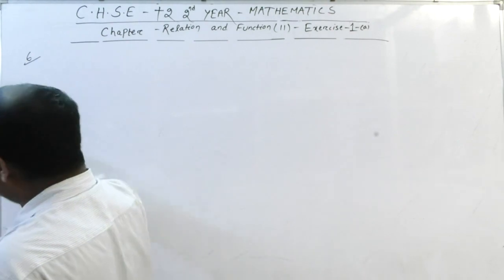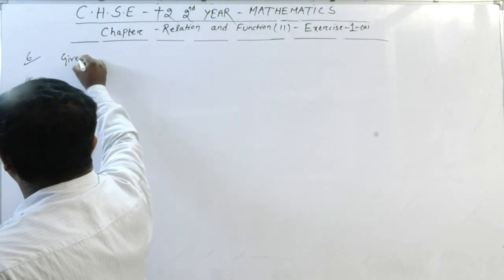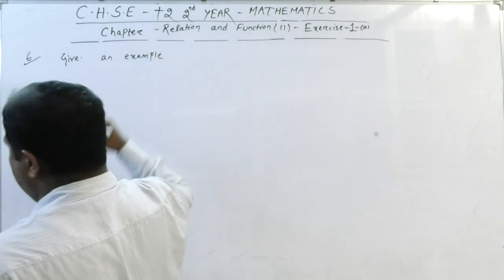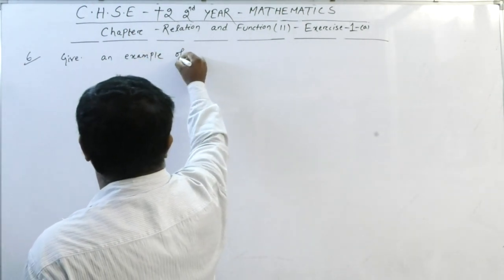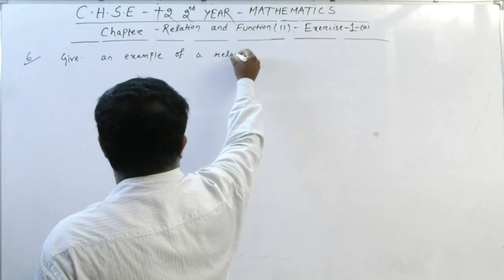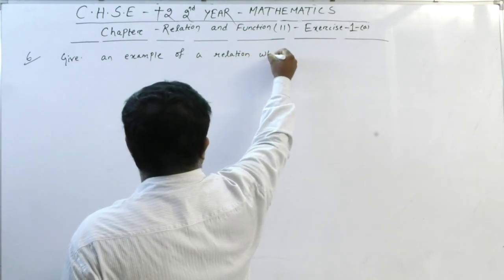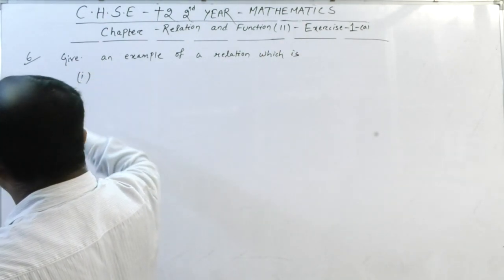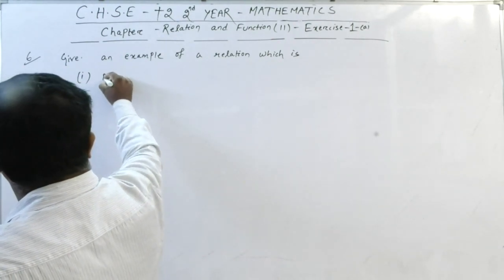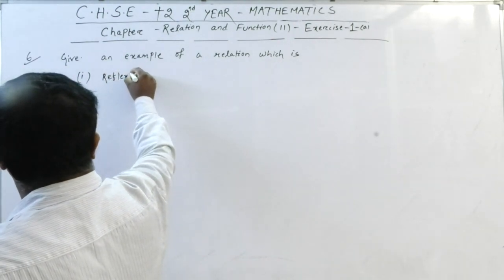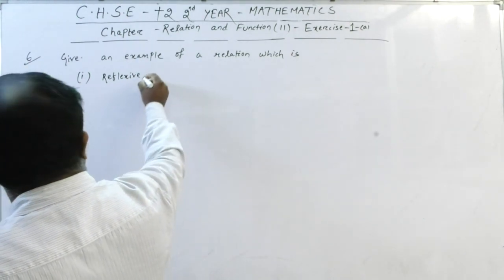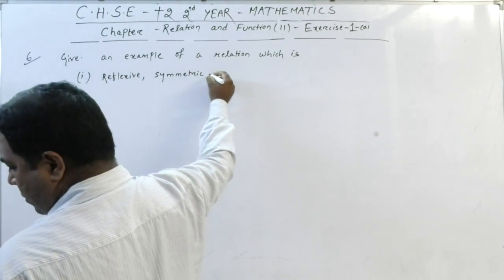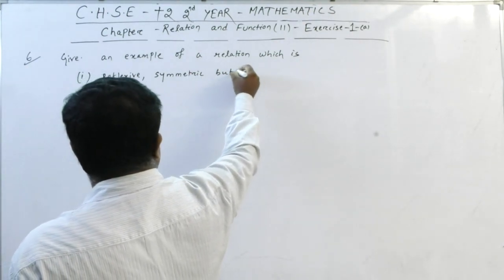Question number 6 is: give an example of a relation which is reflexive, symmetric, but not transitive.